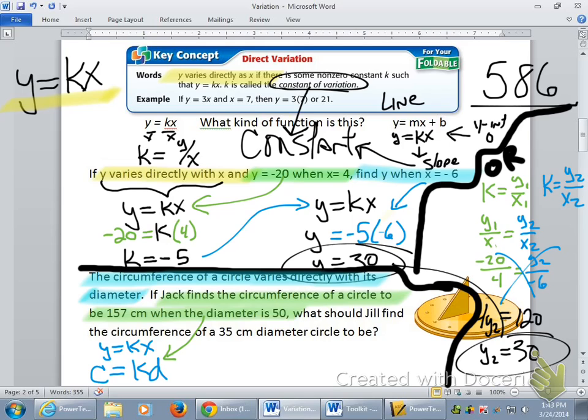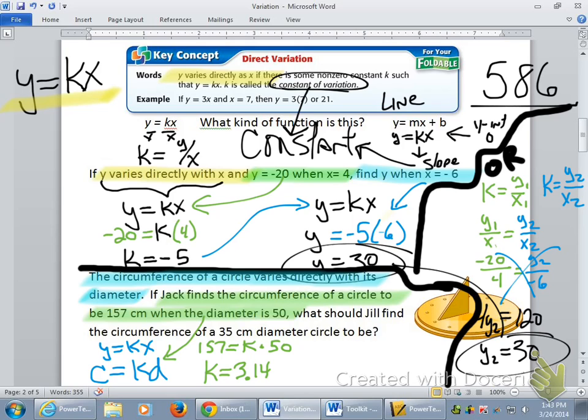So let's see, his circumference is 157. It's going to equal k times his diameter, which was 50. Is that easy enough to find k? What would k end up being? 3.14. All right? It's 3.14. I hope you recognize that.